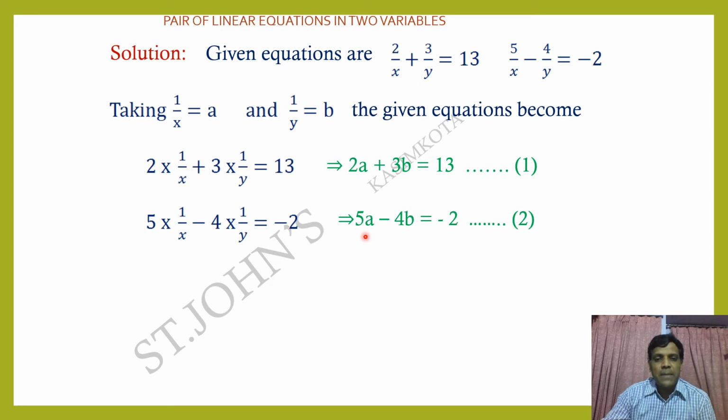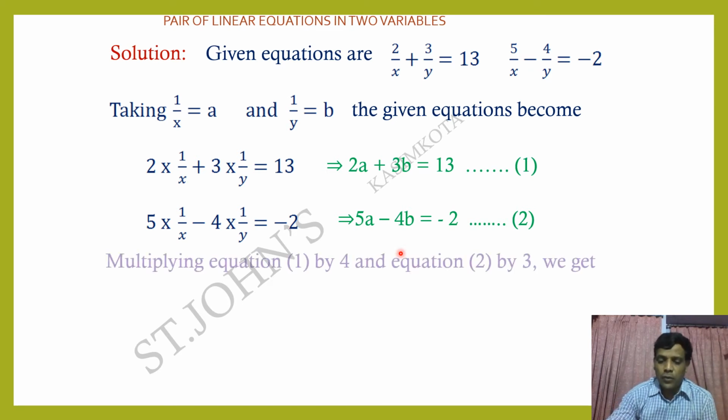Second equation multiplied by 2, 2 fives are 10a. Now the a terms cancel. Otherwise, if you eliminate the b terms, 3b and 4b are not equal, so the first equation is multiplied by 4, 4 threes are 12, and the second equation is multiplied by 3, 3 fours are 12. Now the b terms are also equal. You have to follow any one method.